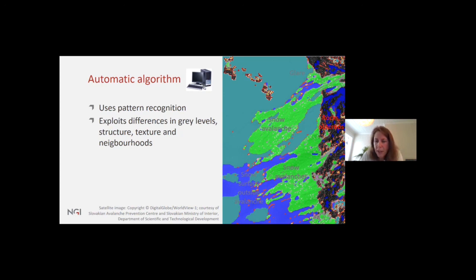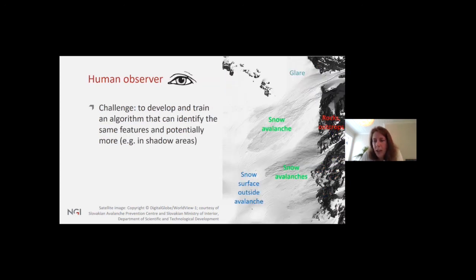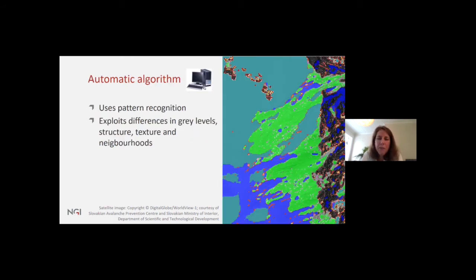You will also see, if I go back, that there are certain differences in the run-out lengths of the avalanches. So in certain types of snow, the algorithm struggles to delineate exactly between the avalanches and the non-impacted snow. However, overall, the results are quite satisfying.